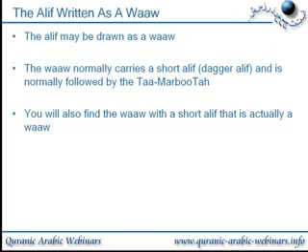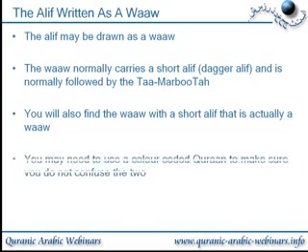You'll have a waw with a dagger alif on it. Sometimes it's going to be treated one way, and other times it's going to be treated another way. And we're going to go through some examples to help you figure out which way to pronounce it. You may need to use a color-coded Quran to make sure you do not confuse the two.